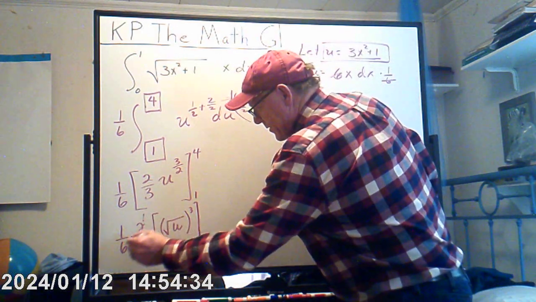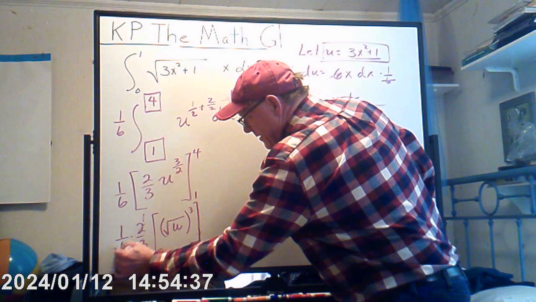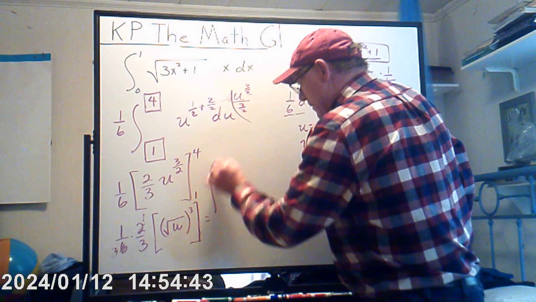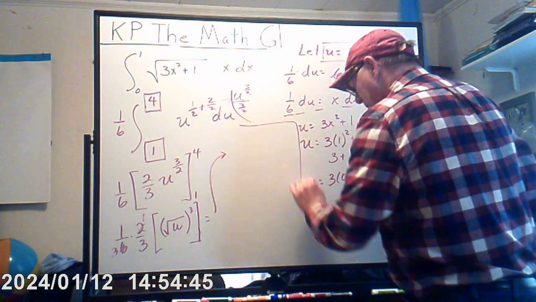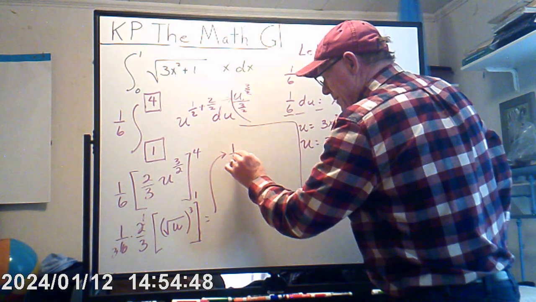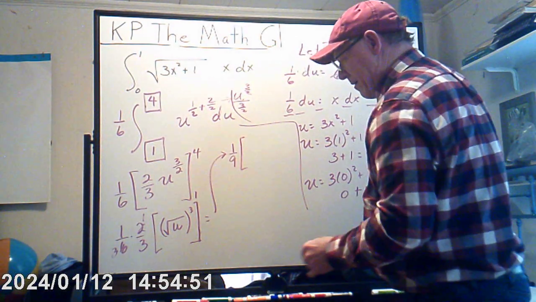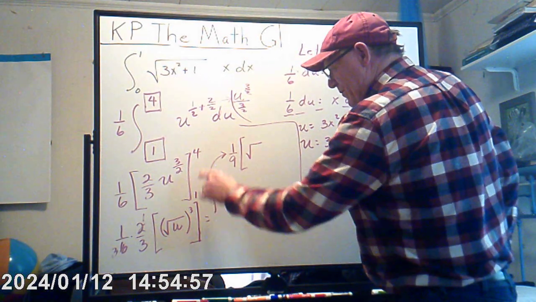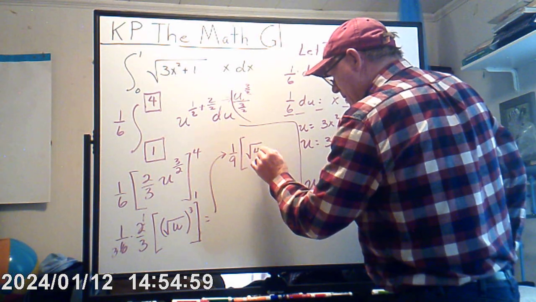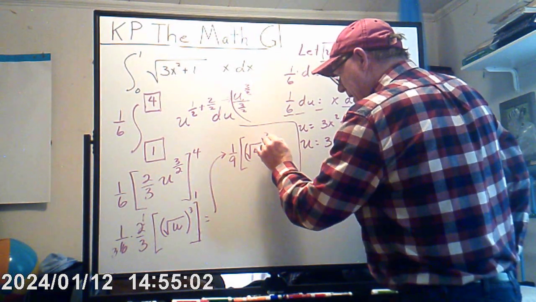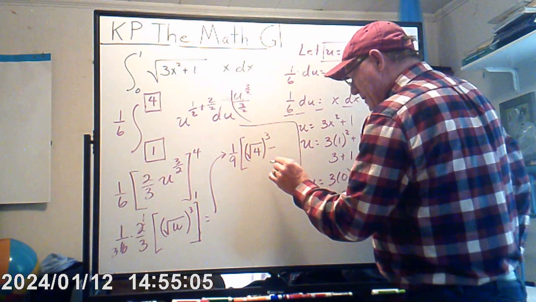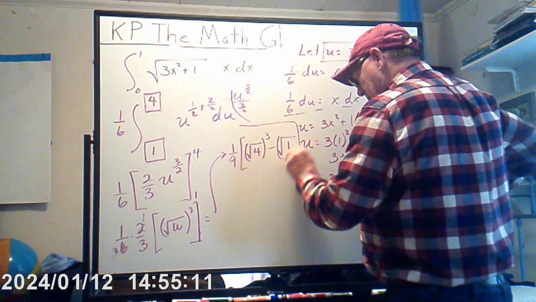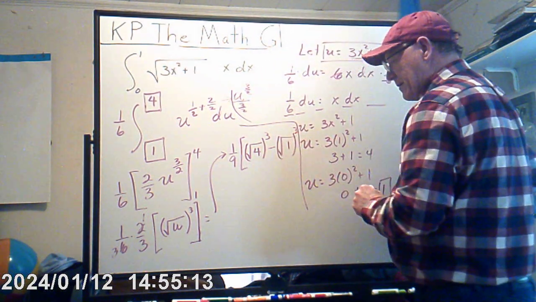Again, 2 goes into 1 time, 2 goes into 6 3 times, 1 times 1, 3 times 3, so that's equal to 1/9 times, now, the square root of 4 cubed minus, always a minus sign, the square root of 1 cubed. A little tight squeeze, isn't it?